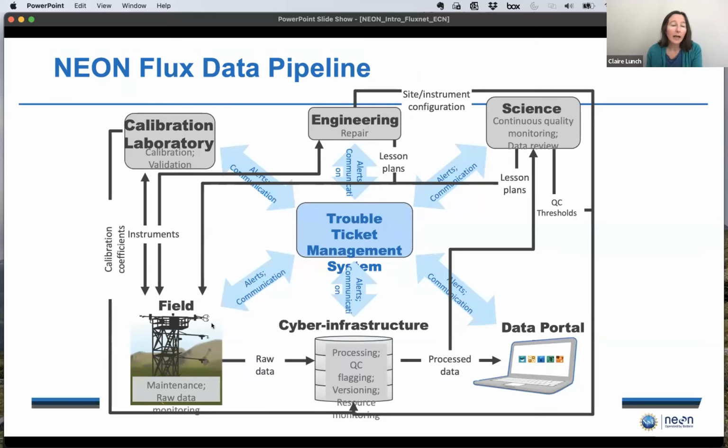And then, things go wrong in the field, and there are alerts that go through a ticket management system to make sure that people get alerts, that there's a system to track when things go wrong. And basically that you get constant feedback about how the instruments are operating in the field.